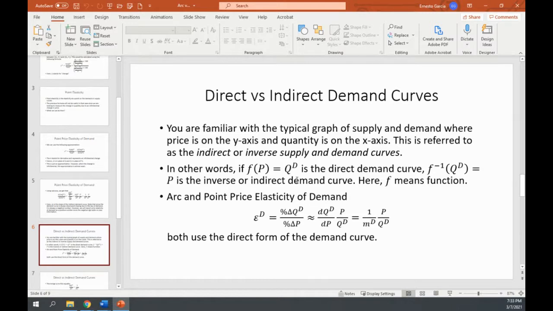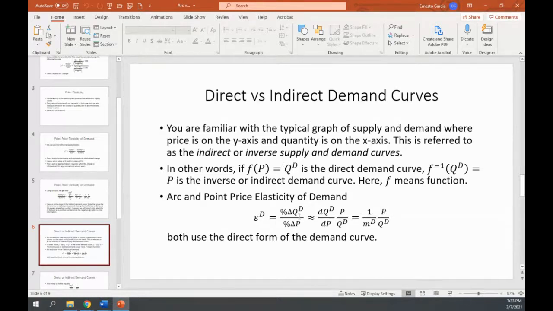So, in other words, in this form of the equation, P would be on the y-axis and quantity would be on the x-axis. But over here, actually, P would be on the x-axis and quantity demanded would be on the y-axis. But that's not how we graph supply and demand, right?